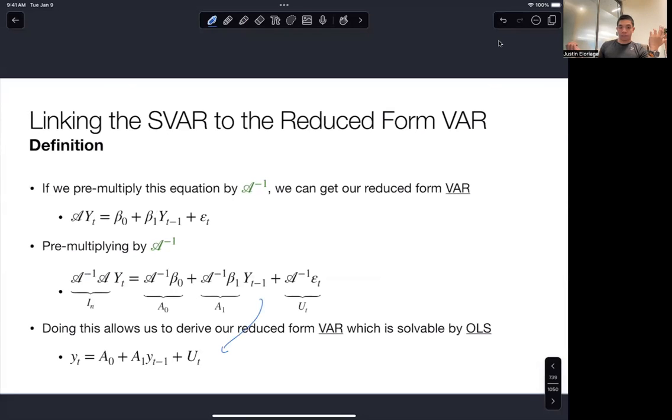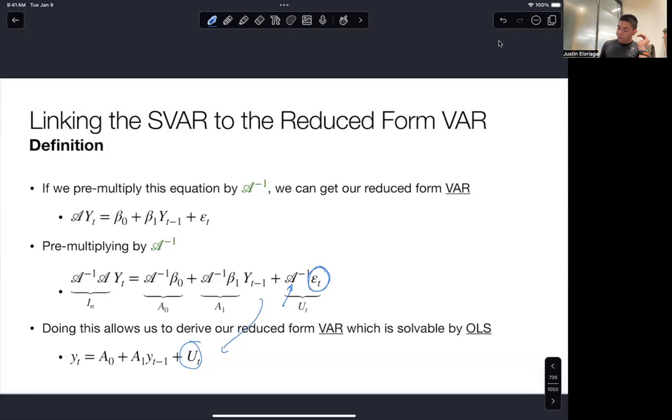Or our unrestricted VAR. So just through one step, pre-multiplying by A inverse, we can go between the reduced form VAR and the structural VAR. Remember, the thing that we want in a structural VAR is to be able to identify those structural shocks.